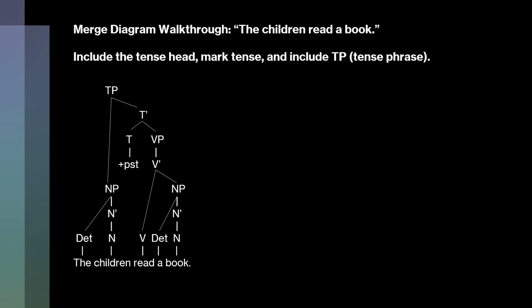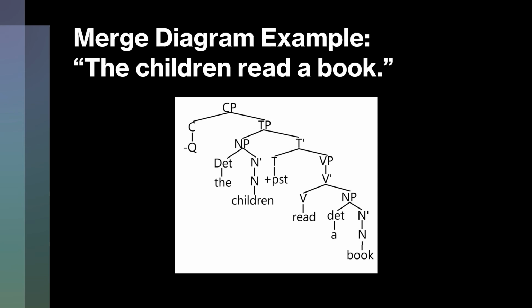"Read a book," then, "read" is in past, so our tense head is going to be made up of our tense plus past and our verb phrase, "read a book." And that is connected to our entire tense phrase for the sentence, which puts our subject with our predicate, "the children read a book." And when you do it all pretty like, it looks like this.